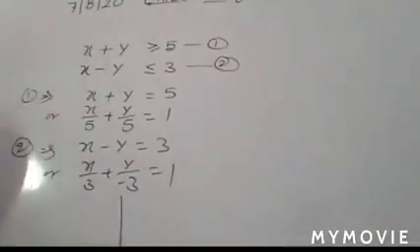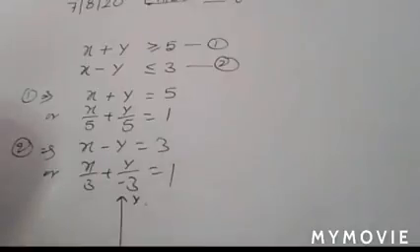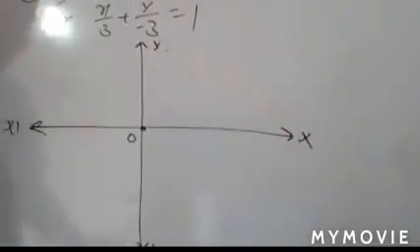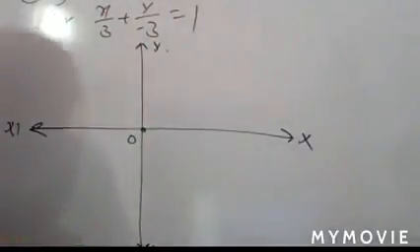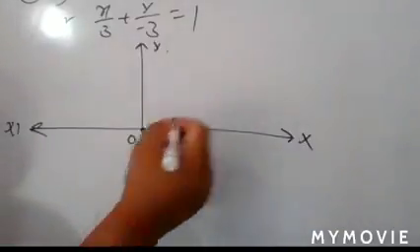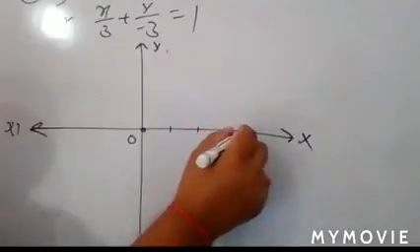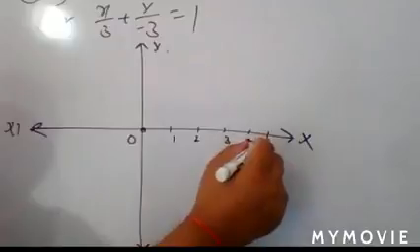X-axis, x dash, y and y dash, and this is the position of the origin. Here you have 3, and maximum it is going up to 5. So you mark the points up to 5: 1 2 3 4 5.